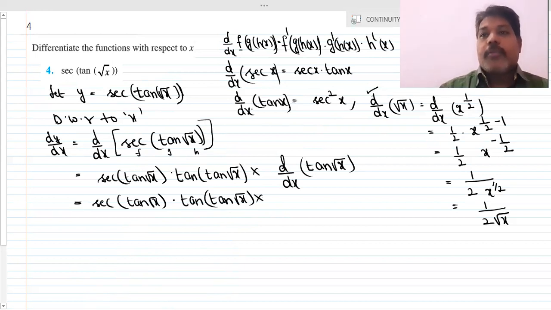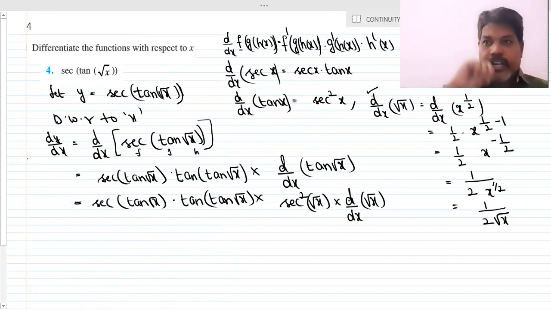The derivative of tan x is secant square x, so it becomes secant square root x, because in the place of x you have root x. Then once again you have to differentiate the third function, that is root x.